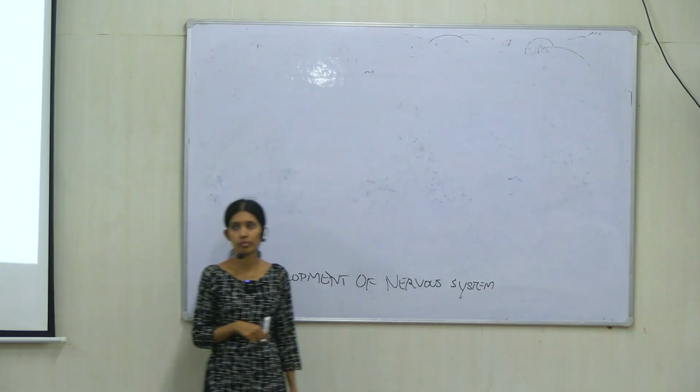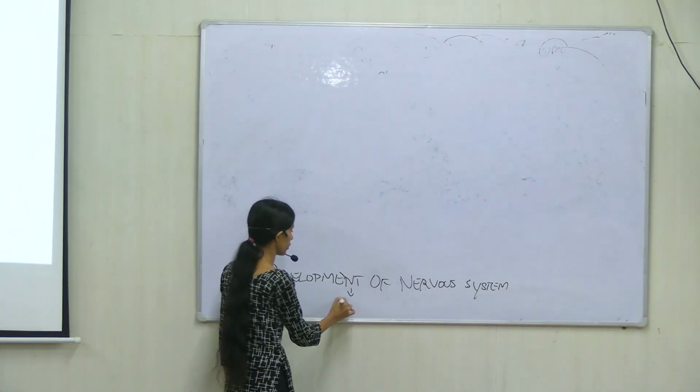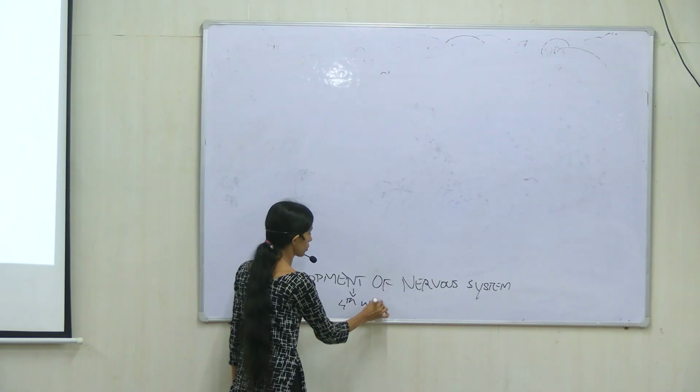We can see the development of nervous system in the 4th week of intrauterine life, okay?